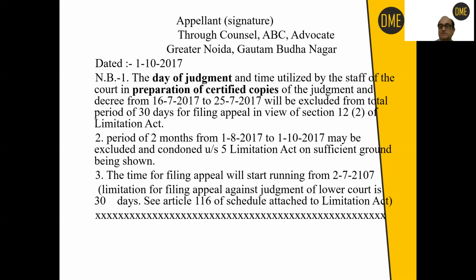Of course, there is one exception also, which is contained in Section 27 of the Indian Limitation Act, and as such, the reason is that law favors only a vigilant litigant and not a litigant who sleeps over his rights. So the Limitation Act is drafted so that there may be end to the litigation.